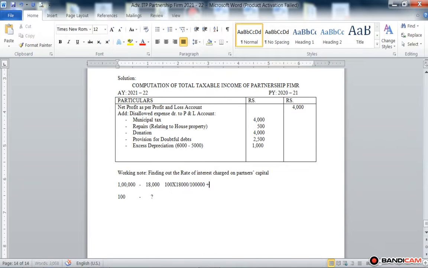So the answer is equal to 18%. So here remember the formula to compute the rate of interest on partner's capital charged by the partnership firm.